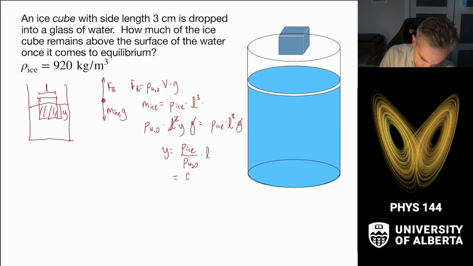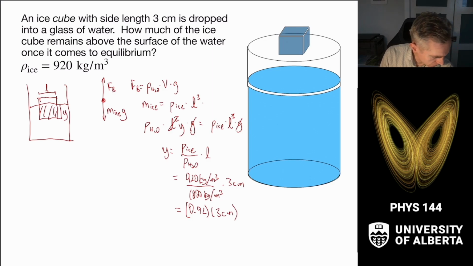And so that's 920 kilograms per meter cubed over 1,000 kilograms per meter cubed times the length of this, which is 3 centimeters. So that's 0.92 times 3 centimeters.